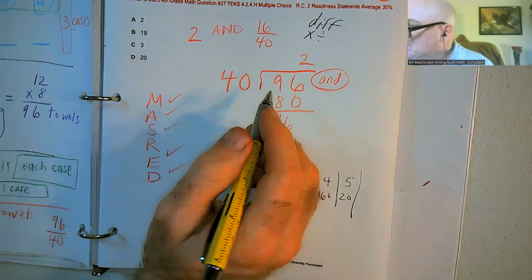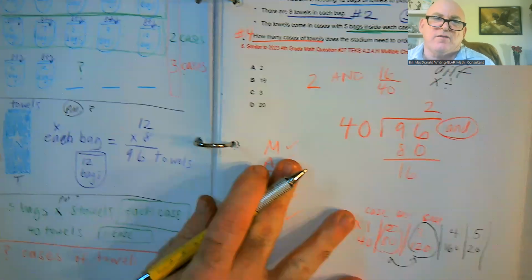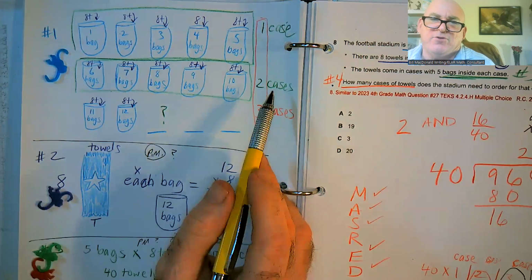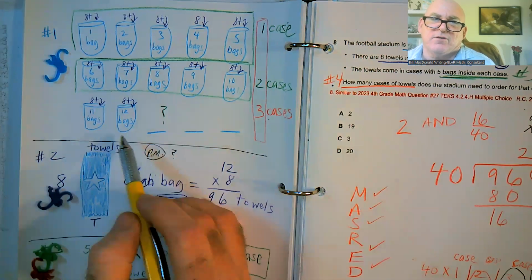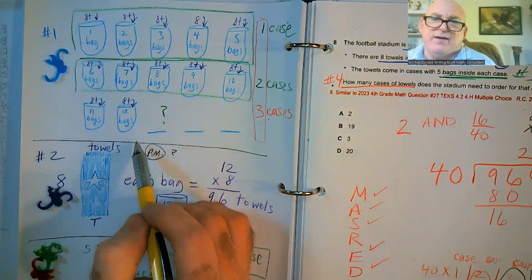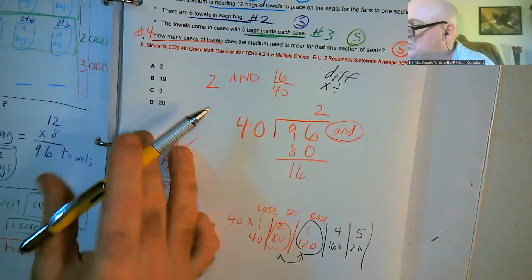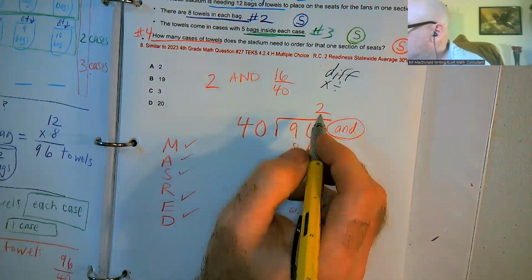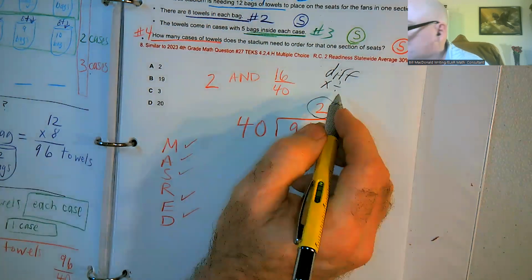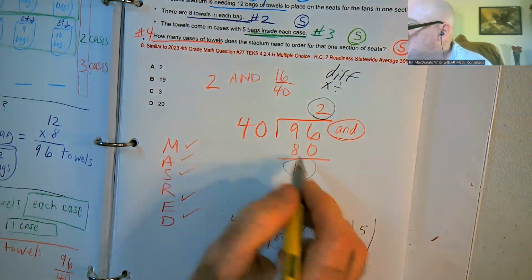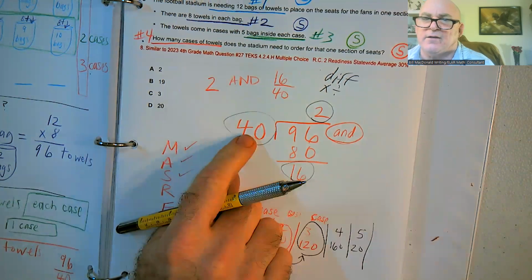But the students who did not draw the picture to say, wait a minute, I have 2 cases, but there's still these 16 bags left. So what I'm going to suggest that you do is teach your kids to think of something that I call 12 o'clock, 3 o'clock, 6 o'clock, and 9 o'clock.